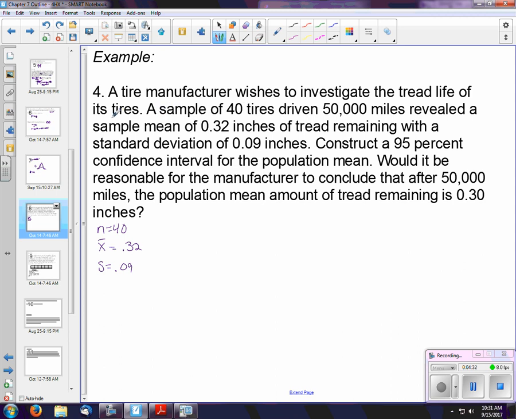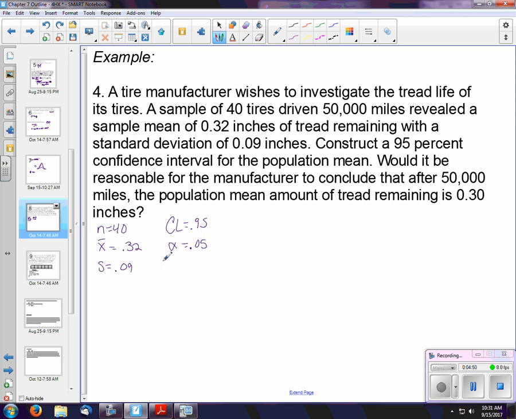It's more reading comprehension. All of this data is about your sample of 40. That's what indicates this is a sample standard deviation. Our confidence level is 0.95, so that means that alpha is 0.05.